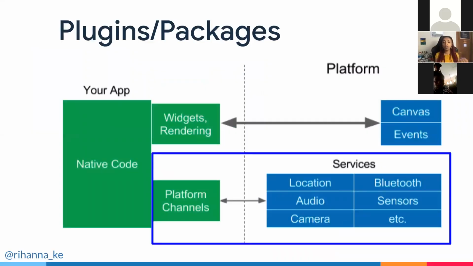So far we have seen the interface, and we barely touched how a Flutter application is structured behind the hood. When it comes to interacting with low-level services of a device, we need plugins or packages.